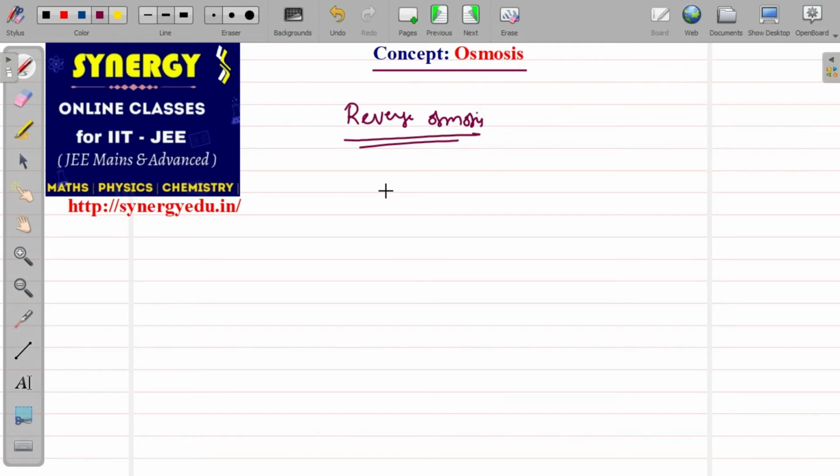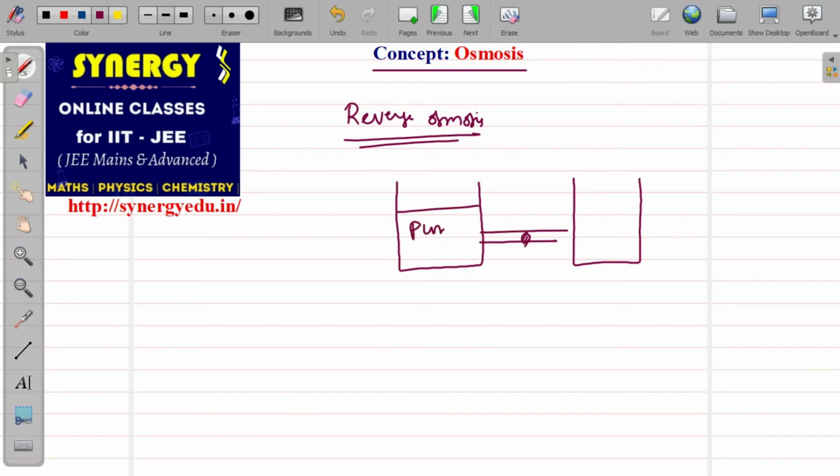It's very simple. Osmosis we know. Suppose I take pure water here and impure water here. Impure water means there are some dirt particles, bacteria or other particles along with the solvent water.